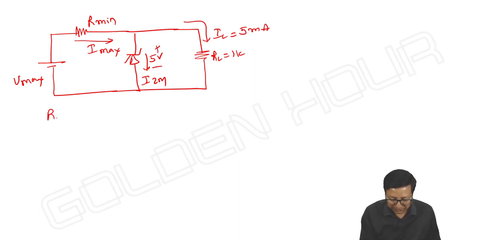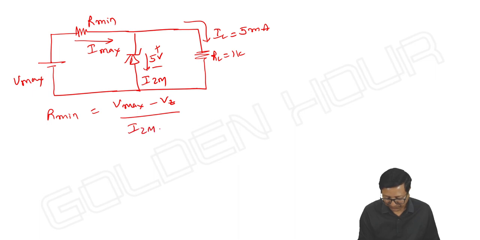So R minimum is equal to Vmax minus Vz by IZM plus IL.